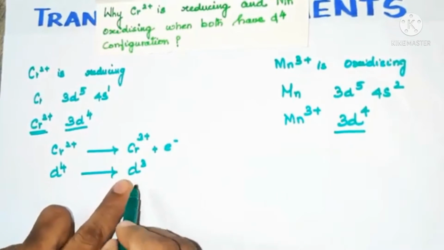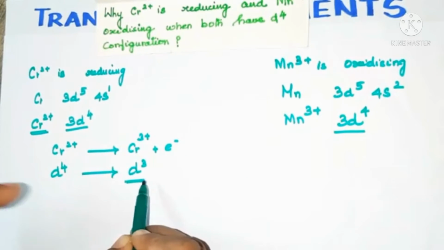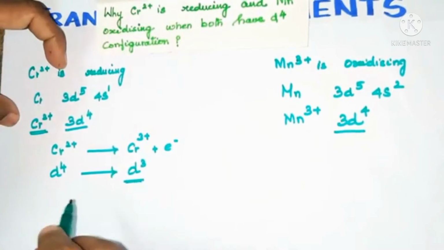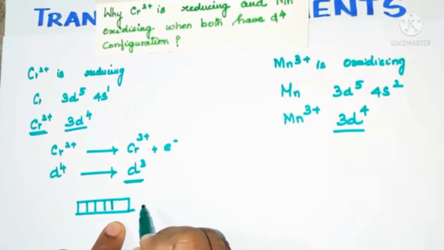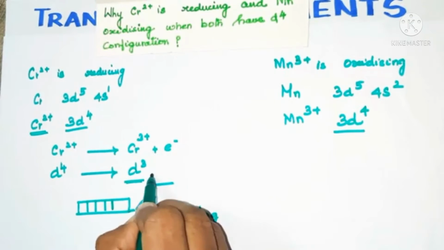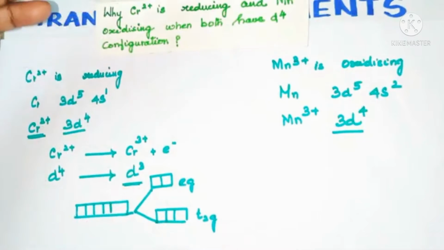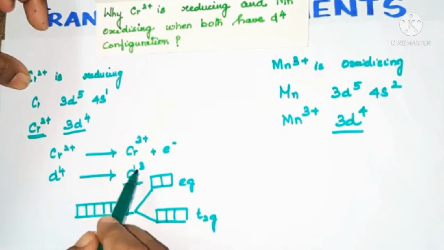The d3 configuration is highly stable because the 5 d orbitals, under crystal field splitting energy, can be split into t2g and eg. Eg has 2 orbitals and t2g has 3 orbitals. It can be split into 3 orbitals of t2g and 2 orbitals of eg.